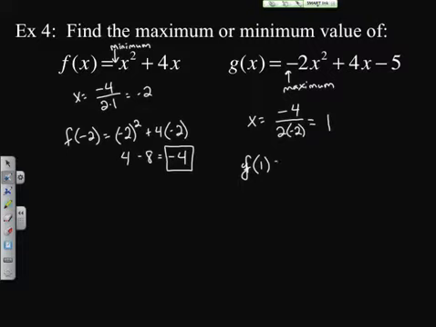G of 1 equals negative 2 times 1 squared plus 4 times 1 minus 5. That's negative 2 plus 4 minus 5, and that answer gives you negative 3. So our maximum value in this case is negative 3. The function never goes higher than negative 3.